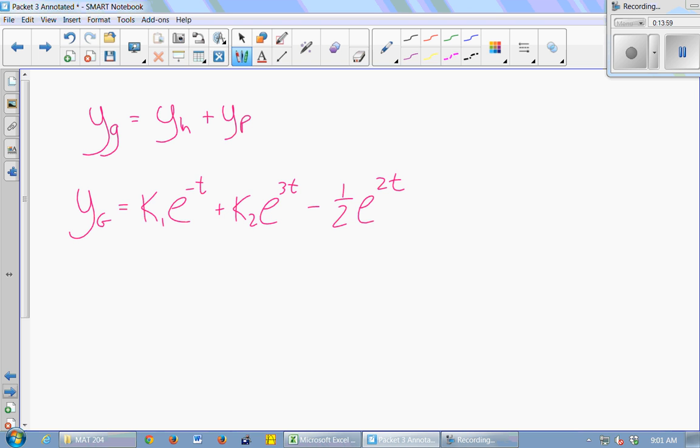It's got two constants, right? Because it's a second order differential equation, it's got the two constants. And if I wanted to find a particular solution to an initial value problem, I would have to be given y of 0 and y prime of 0 to finish. And in fact, is this an initial value problem? No, okay, so I'm done.